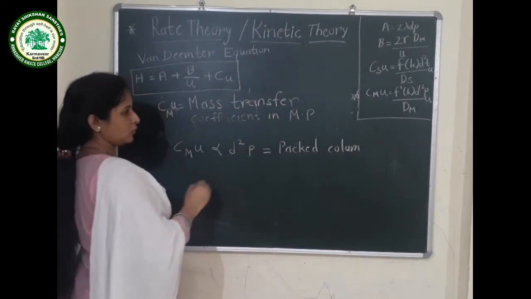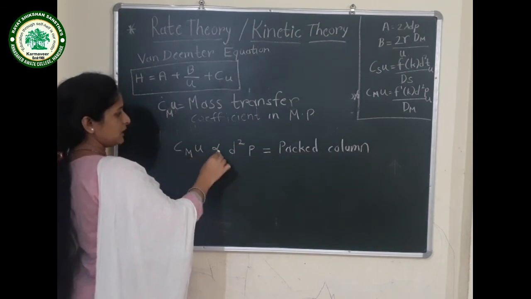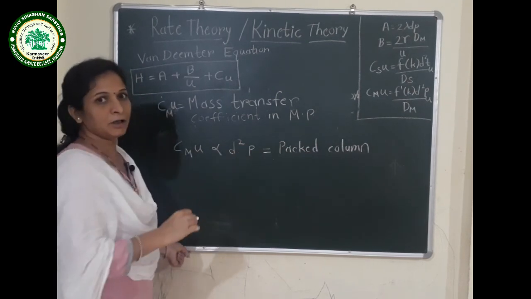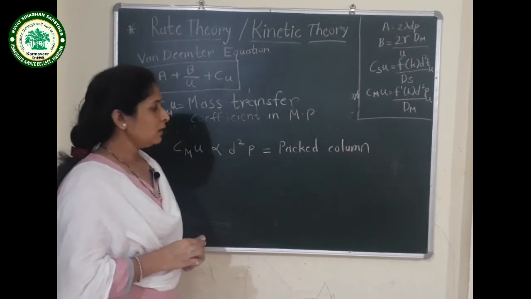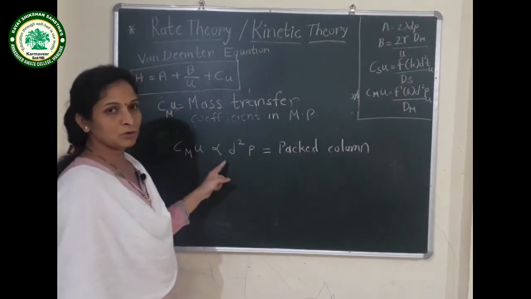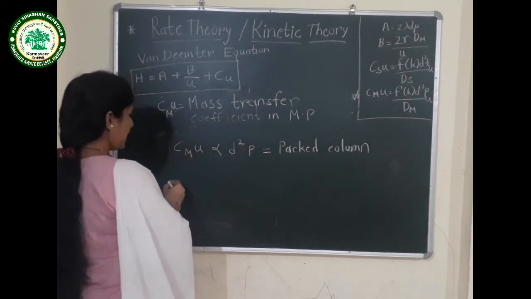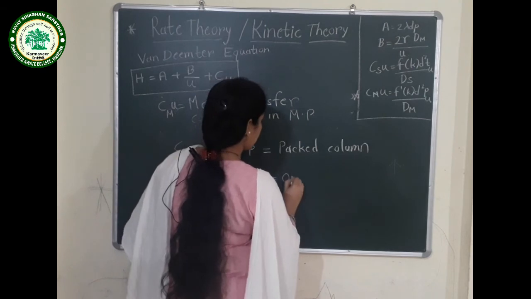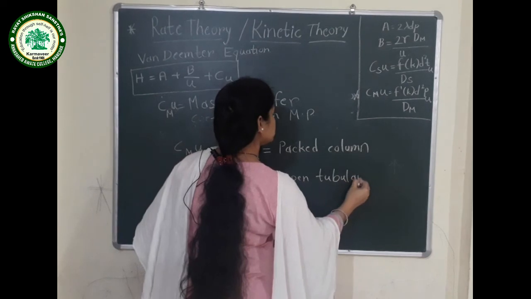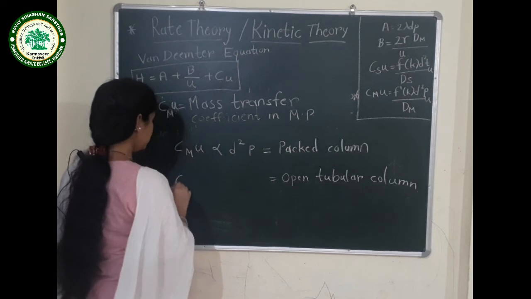When we are using a packed column, then what happens? The mass transfer coefficient is directly proportional to the square of the internal diameter of the particle. Okay, if we are using a packed column, then mass transfer is directly proportional to the square of the internal diameter of the particles. And if we are using an open tubular column, then what happens?